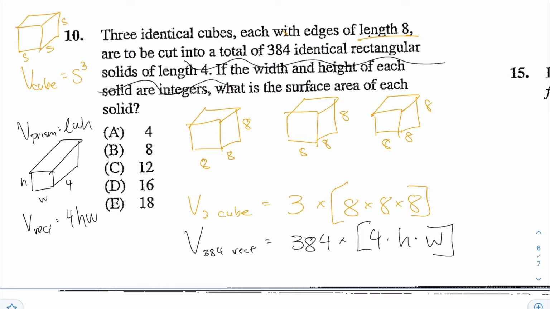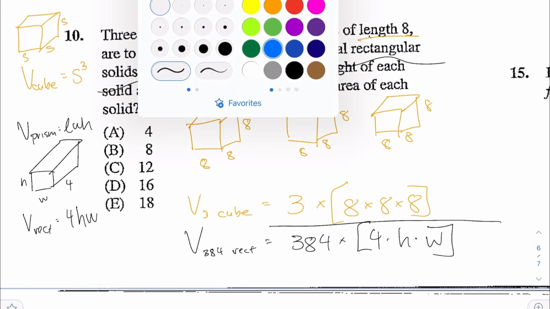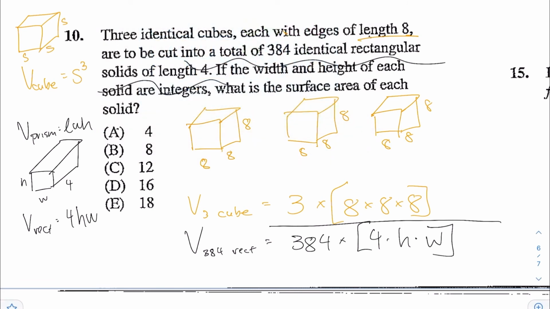And what you're going to do is divide these two numbers. So when we divide these two numbers, we can actually cross simplify or cross cancel. So 8 and 384. 384 divided by 8 is equal to 48. So the 8 cancels out with the 384 and you have 48 left over.